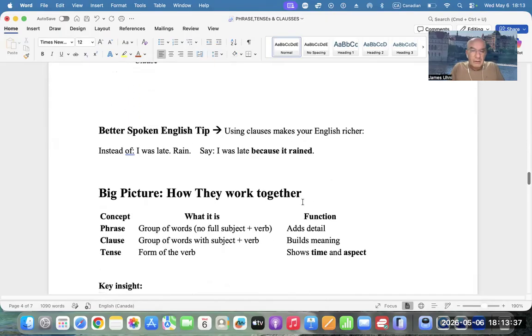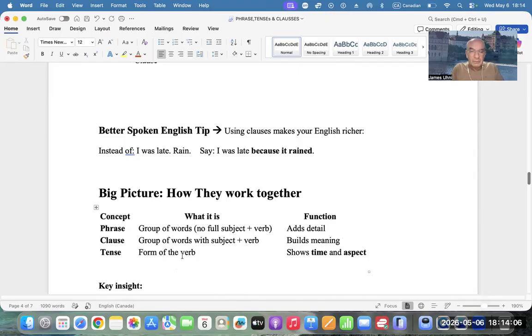Now, how do they work? Phrase, no full subject plus verb, adds detail to the sentence or to the story. Clause, group of words with subject and verb. Now, clause, we have to build meaning, but we have to distinguish between independent and dependent. And what are tenses?